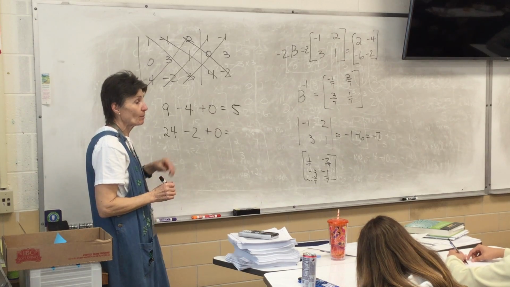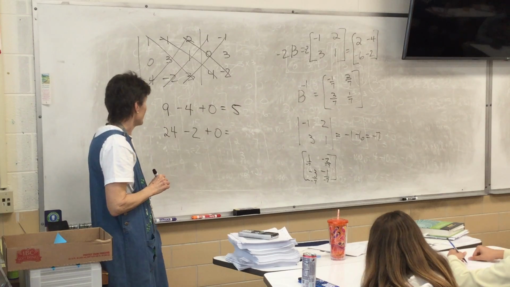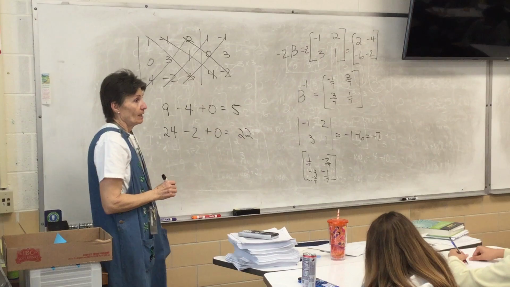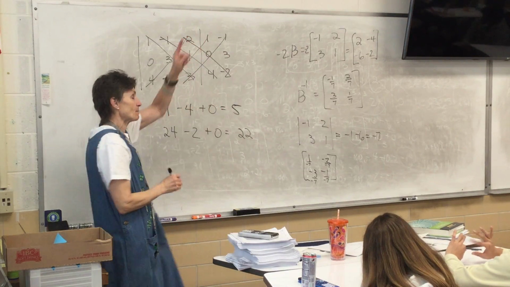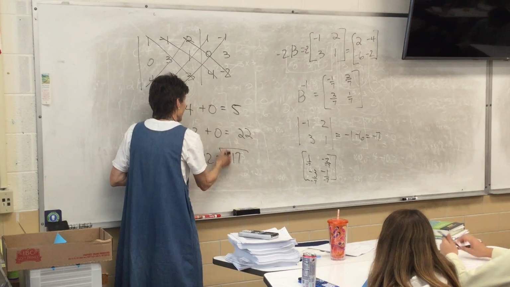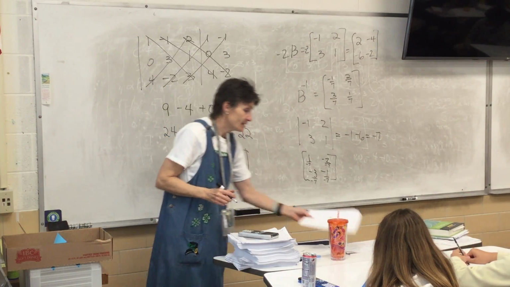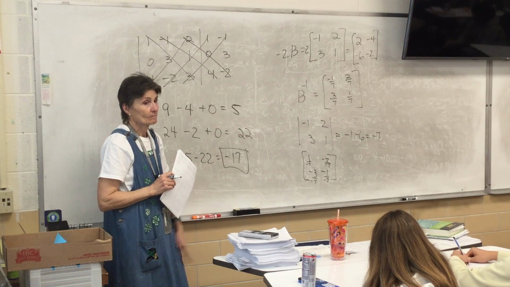So if there's any zeros in the determinant, you're probably gonna get some zeros when you multiply. So that's what, 22? Olivia, do you remember how to get the final answer? We subtract. Yes, we subtract. So 5 minus 22. And the final answer to the problem is -17.